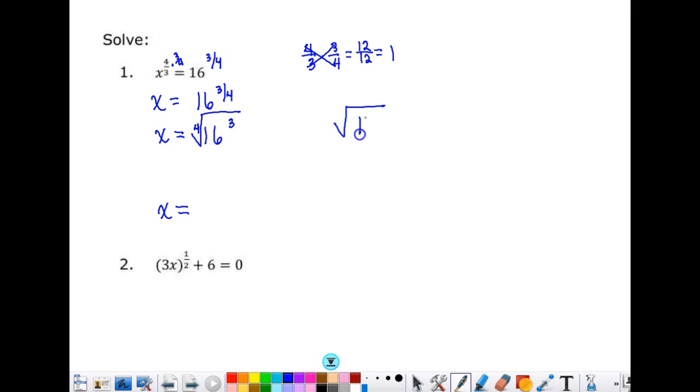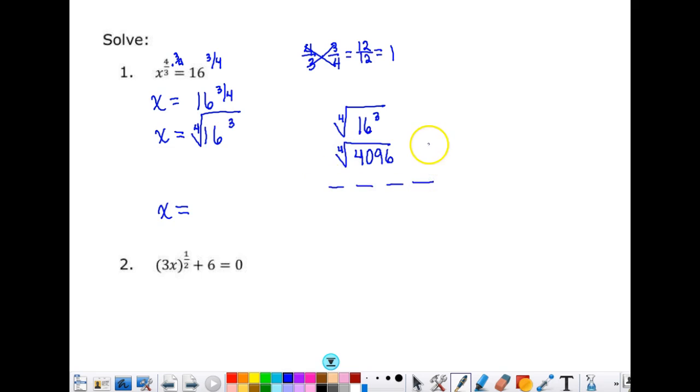So, on your calculator, multiply 16 times 16 times 16 because that's what that means. What do you get? You get 4,096.